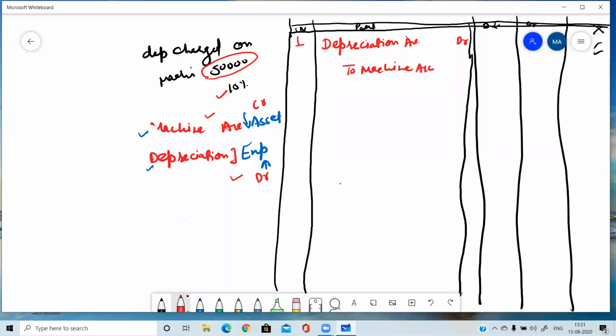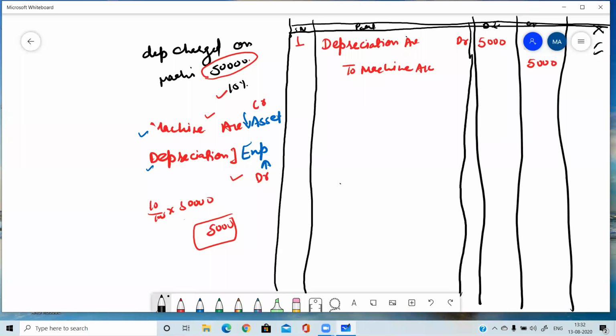Because the rate of depreciation is 10% and the value of machine is 50,000, so 10% of 50,000. The value of depreciation is 5,000. So we need to fill the amount 5,000 here, in both the debit and credit columns.